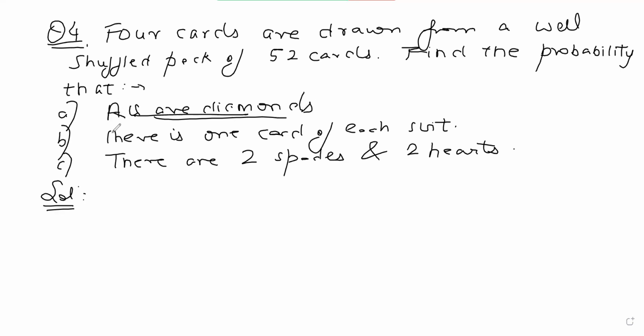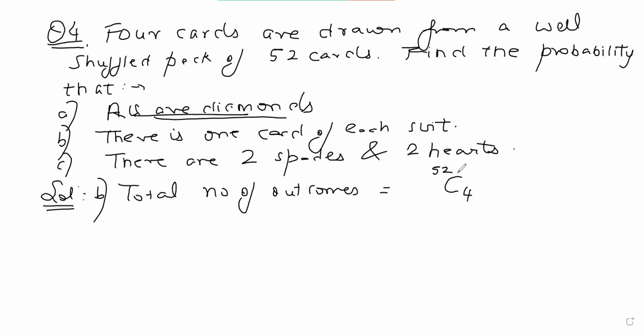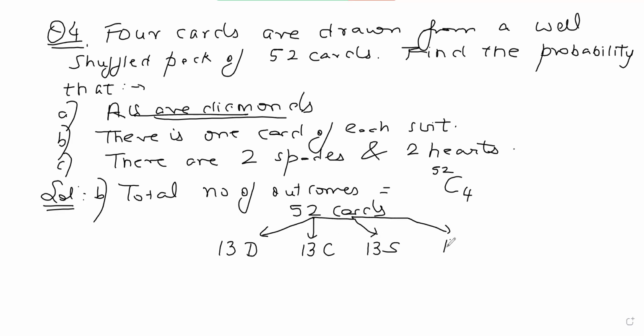Part B is, there is one card of each suit. Again, the total number of outcomes remains the same: I need to select 4 cards from 52 cards. Out of 52 cards, I'm revising again, 13 are diamonds, 13 are clubs, 13 are spades, and 13 are hearts.